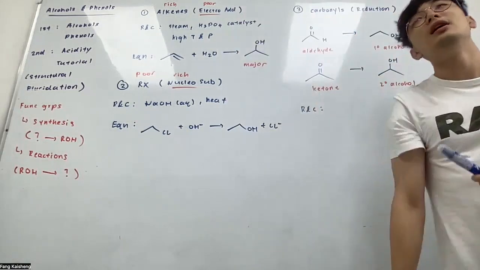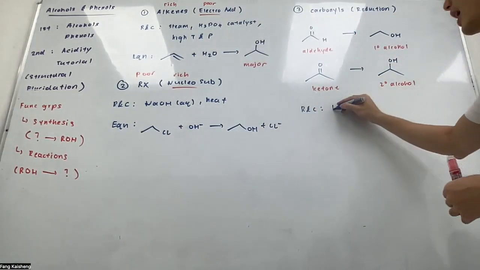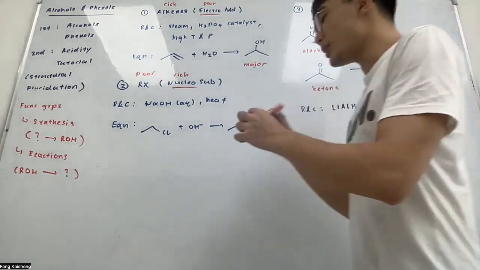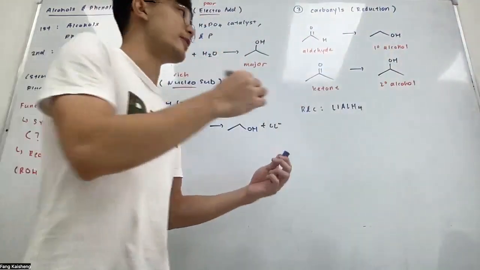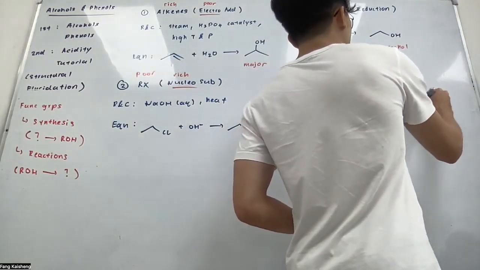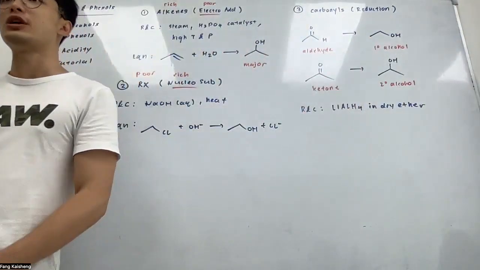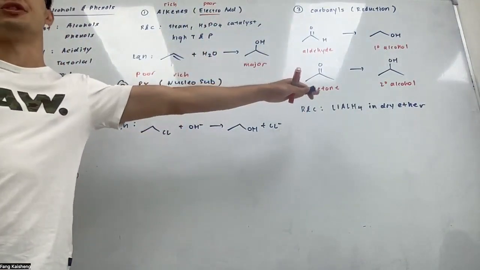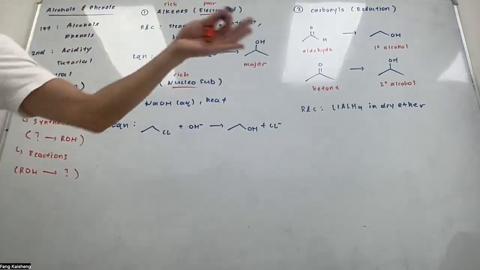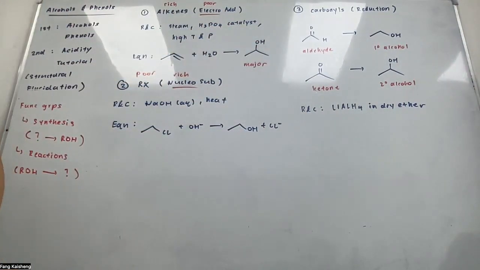So the opposite of KMnO4 is this guy called lithium aluminium hydride. Don't get this formula wrong because you need to write it. Eventually you will all get it correct, you write it so many times. Lithium aluminium hydride in dry ether. Write the whole package. It's the strongest reducing agent in our organic syllabus. If you blur, you remember this one, you write it down, high chance you get it correct already.